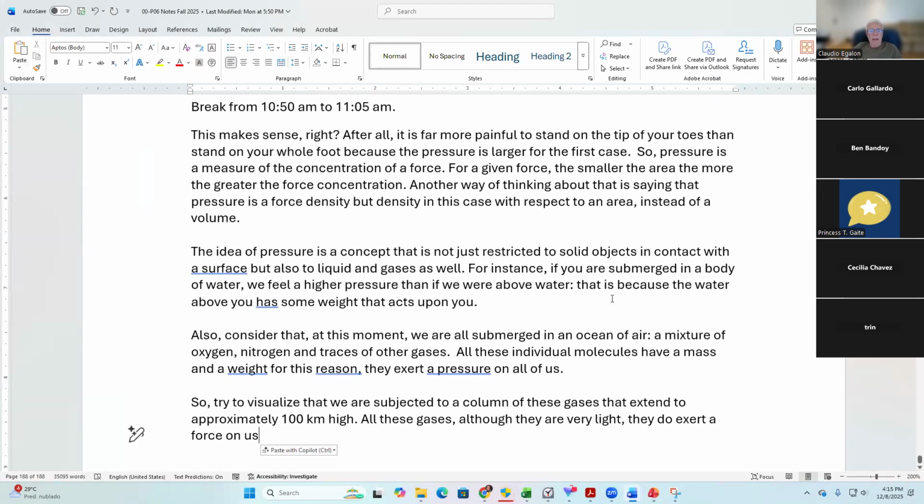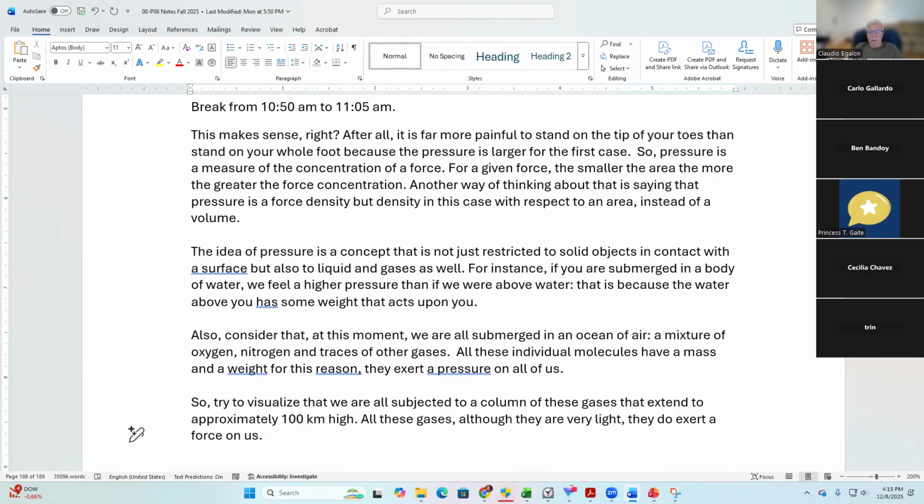So try to visualize that we are all subjected to a column of these gases that extend to approximately 100 kilometers high. All these gases, although they are very light, do exert a force on us.